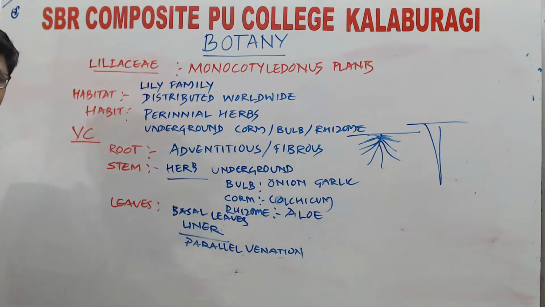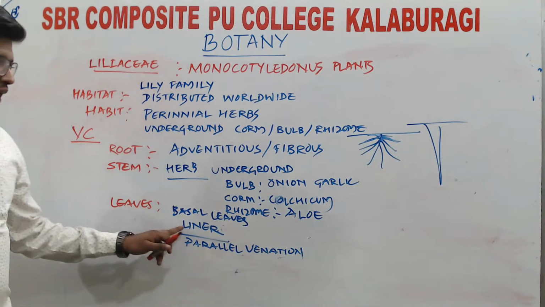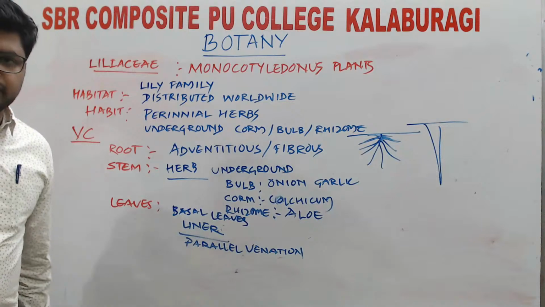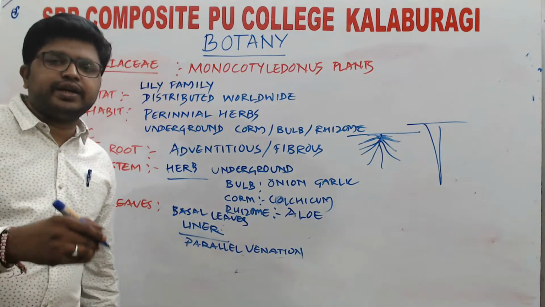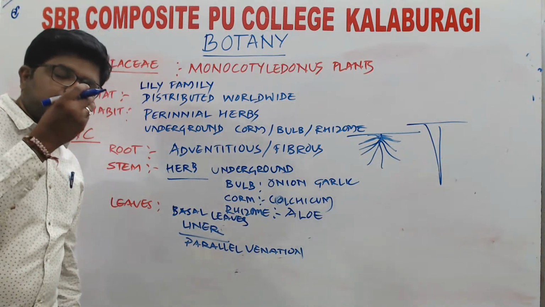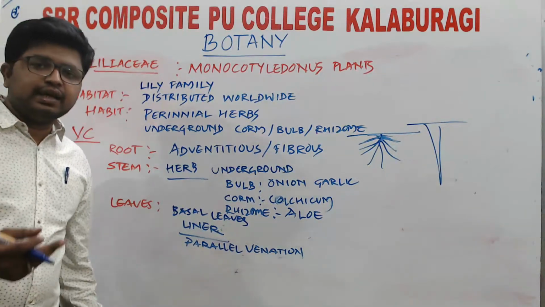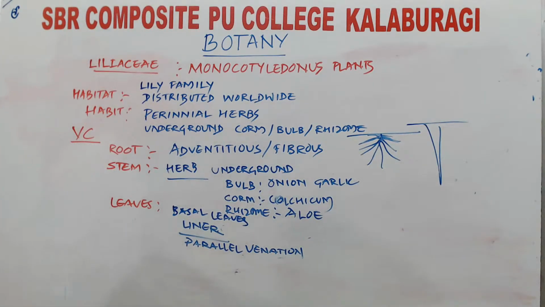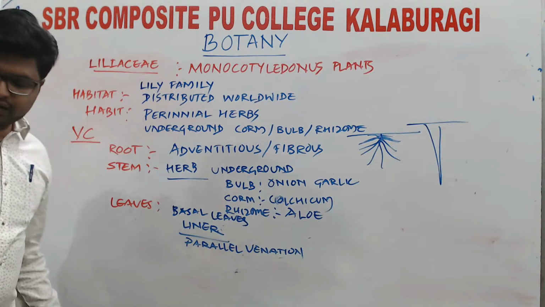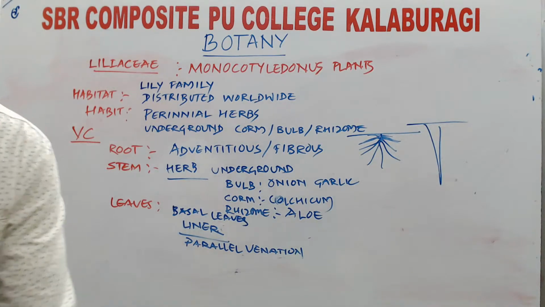They are parallel venation. Basal, linear, parallel venation. Even you may find reticulate venation in some of the members of this family, such as smilax, where you will see the reticulate venation. Okay. Then following is, now we have to write the floral characters.